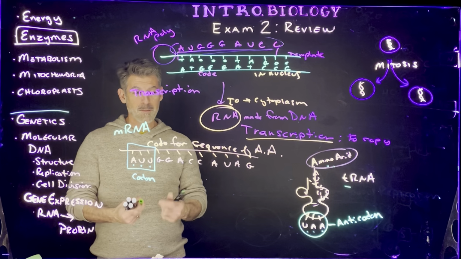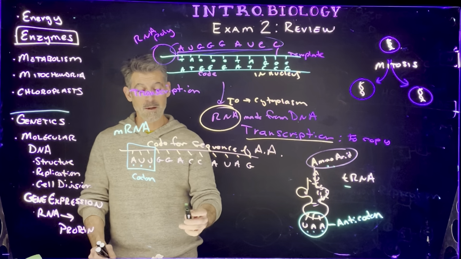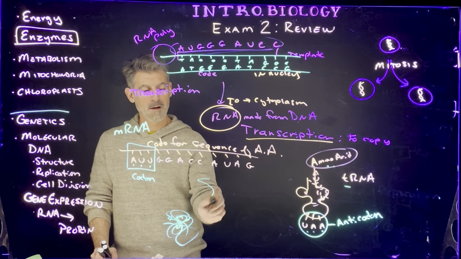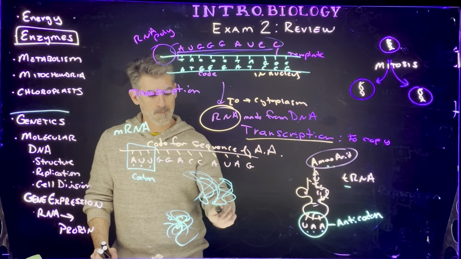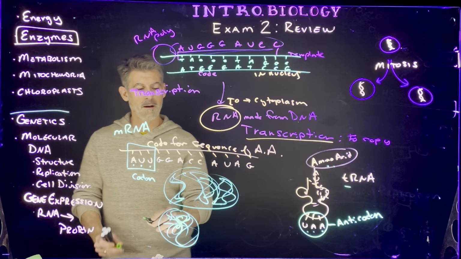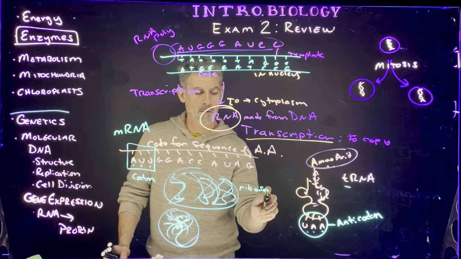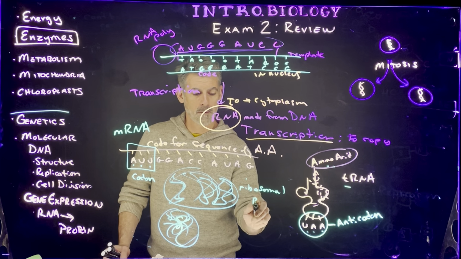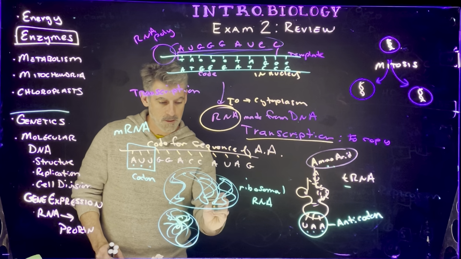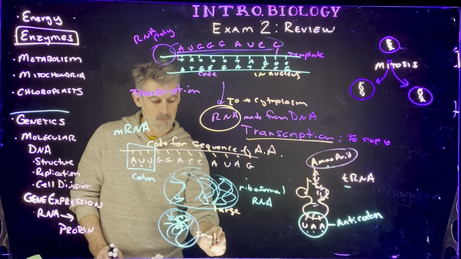Yet there still has to be some kind of mechanism or machinery that can actually put all the things together. And that's where we get other very complicated pieces of RNA, which I'm not going to really bother drawing, called ribosomal RNA. And there are 2 parts. There's the large subunit and then the small subunit.